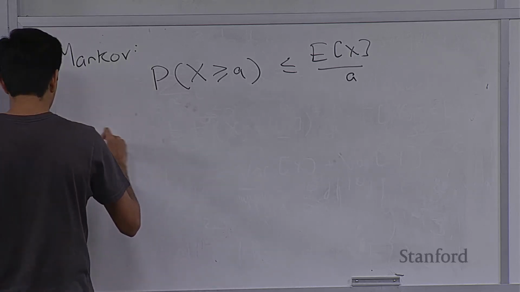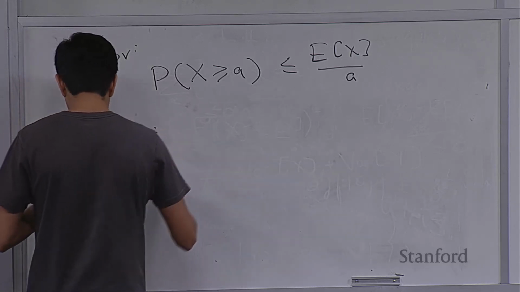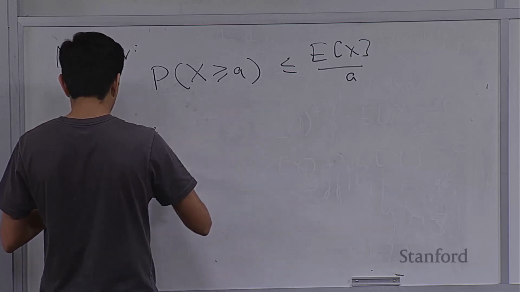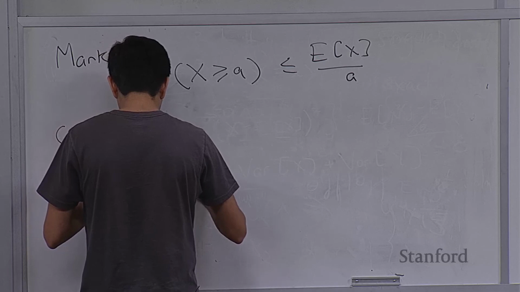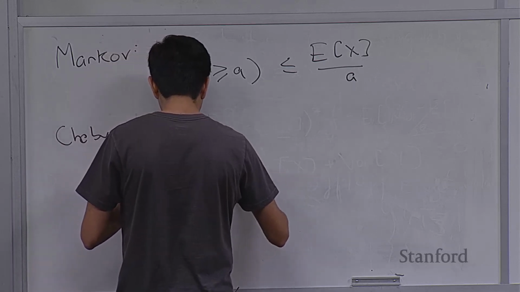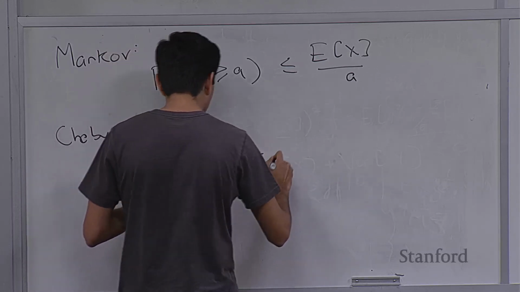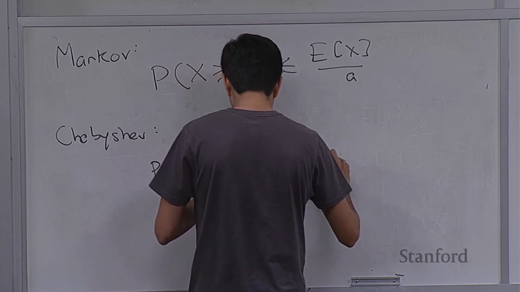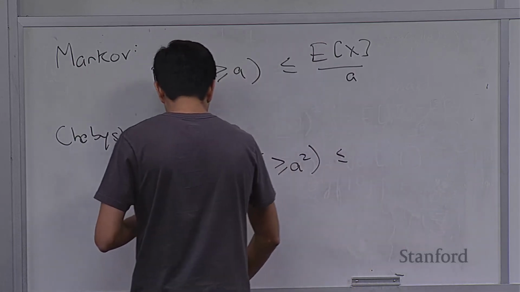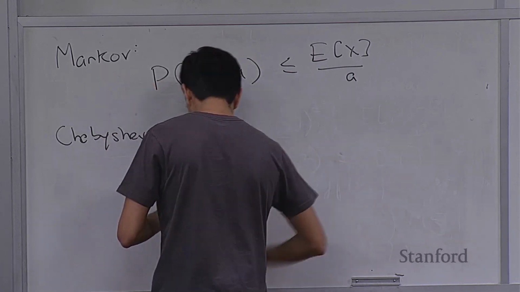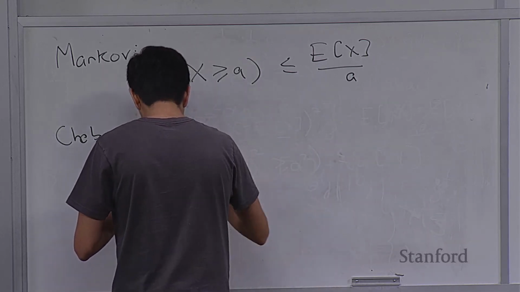Chebyshev states that, well, it's just Markov for the variance. So basically this states that the probability of x minus E of x squared is greater than or equal to a squared is less than or equal to, well, actually, let's write the second form because that'll be more instructive.